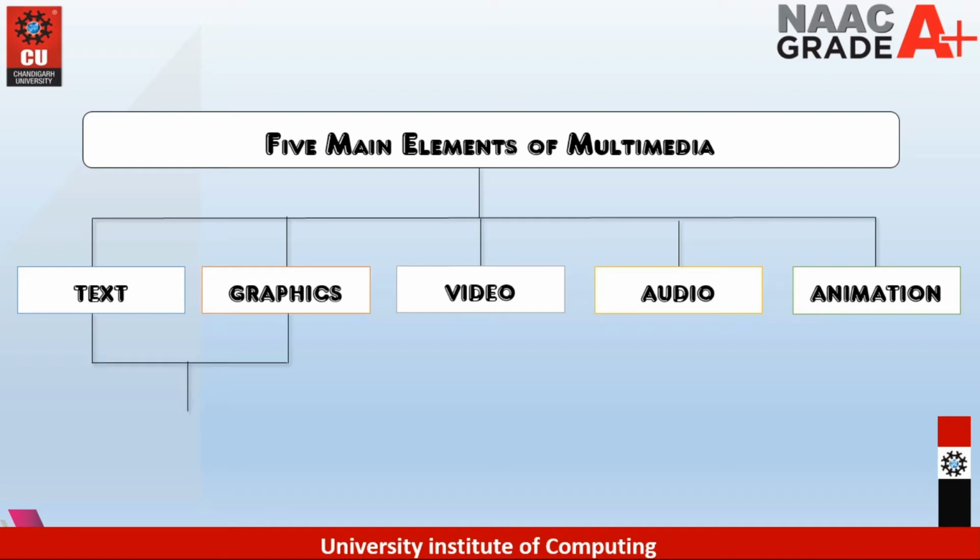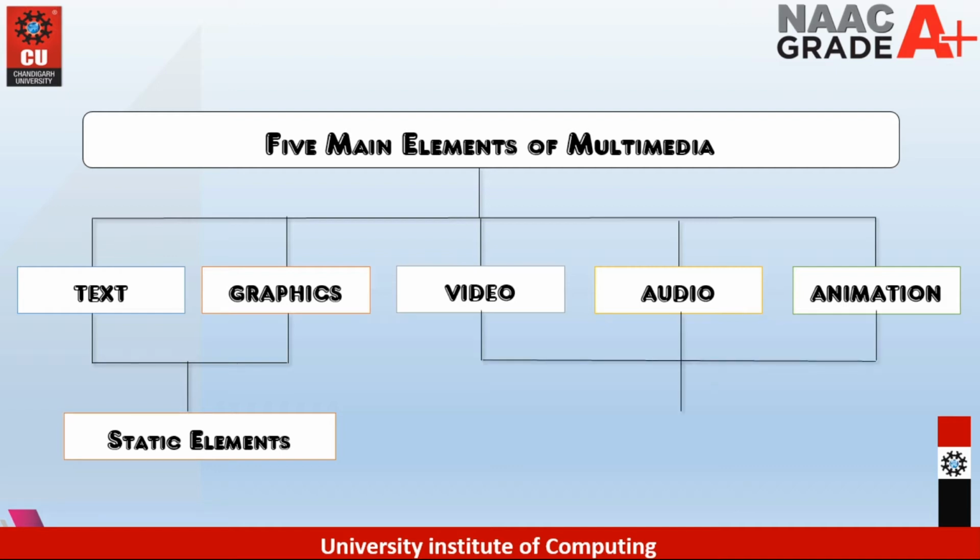Here, the text and the graphics are static elements due to the non-movability of these elements. The rest three, those are video, audio, and animation, are called dynamic elements.